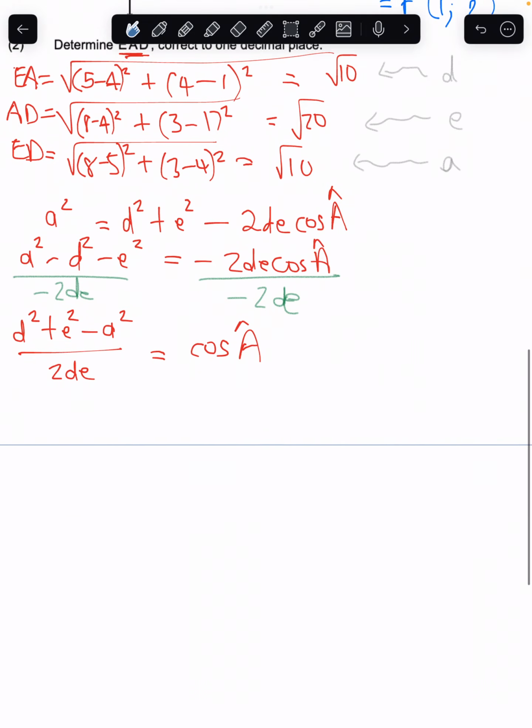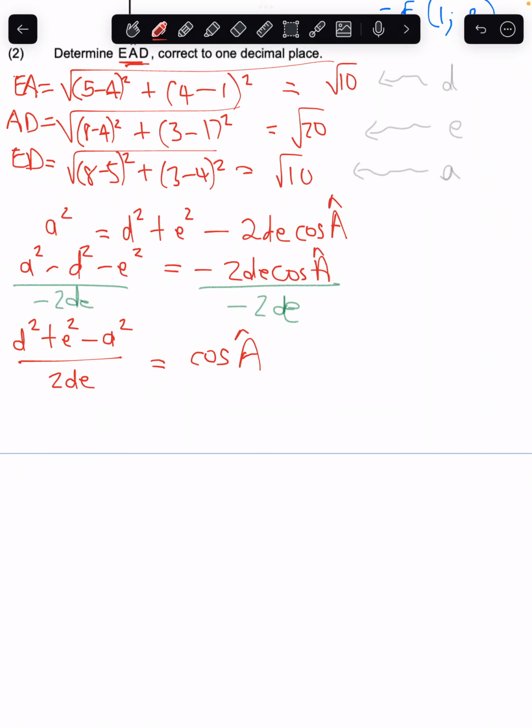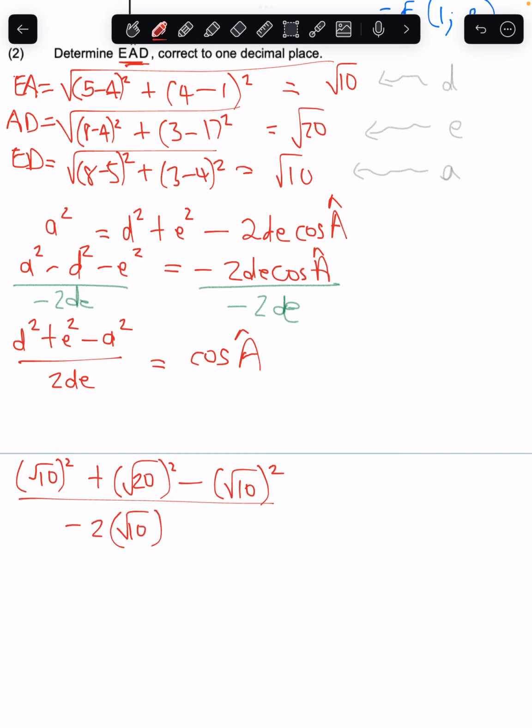Okay, right, so we can now put those values in. So we've got root 10 squared plus root 20 squared minus root 10 squared, divided by minus 2 root 10 root 20, is equal to cos A.